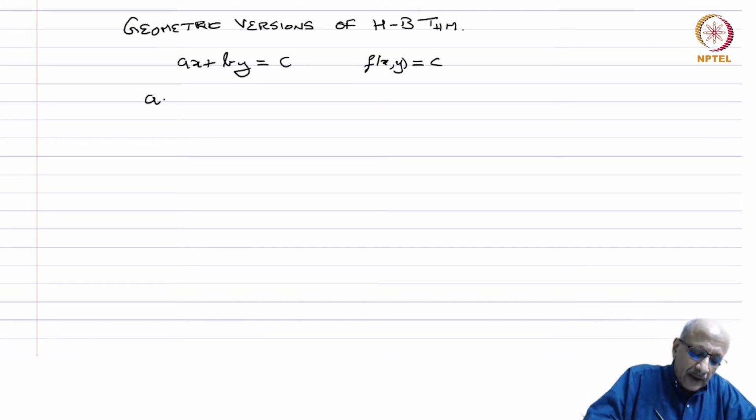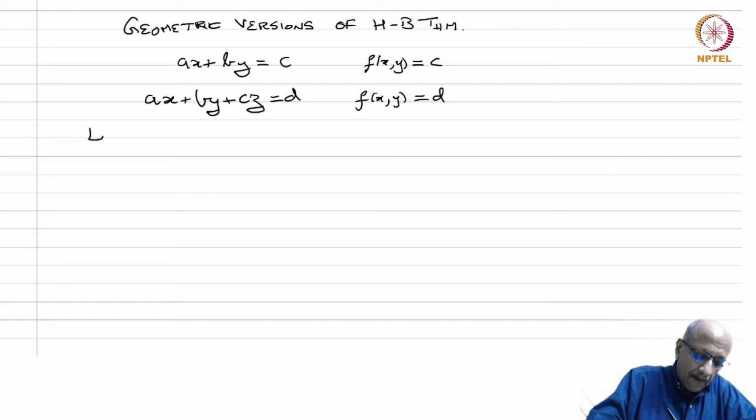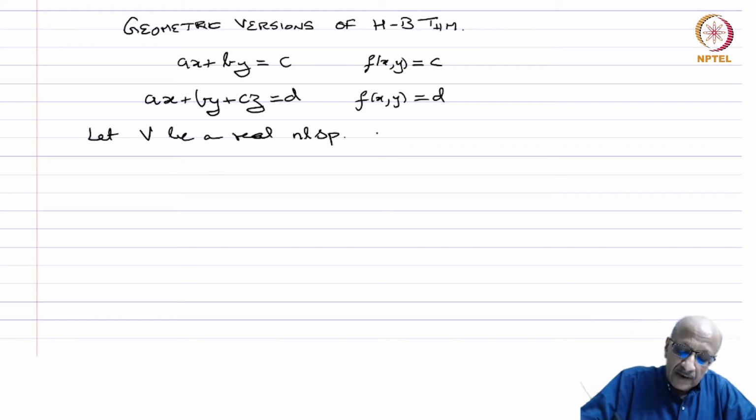Similarly, a plane is ax plus by plus cz equal to d, and this can be written as f of (x,y,z) equal to d, where f of (x,y,z) is ax plus by plus cz, and that's again a linear functional in R3. Therefore, in general, let V be a real normed linear space.